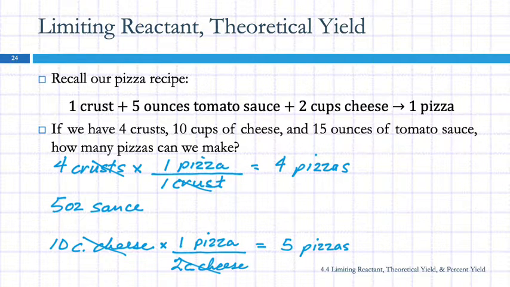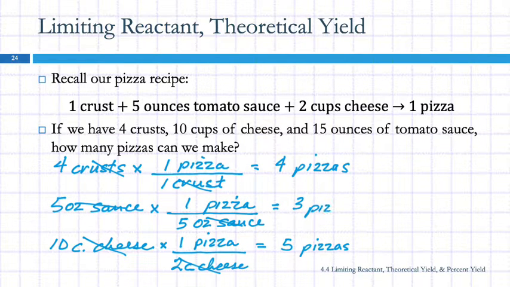And then for the sauce, we're going to look at, well, what's the relationship between pizzas and ounces of sauce? 1 pizza for 5 ounces. The ounces of sauce cancel out, and we get 3 pizzas.